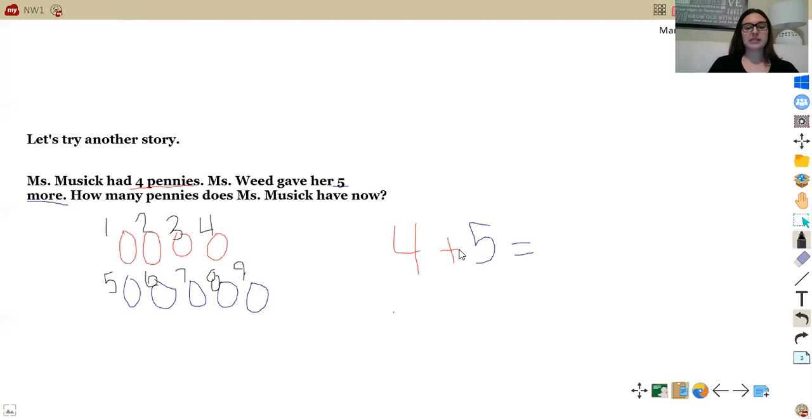So 4 plus 5 equals 9, or 4 and 5 make 9. So 4 and 5 make 9. 4 and 5 more make 9.